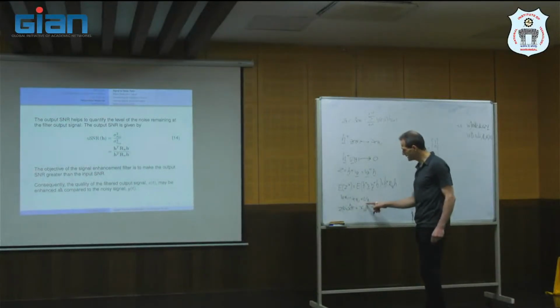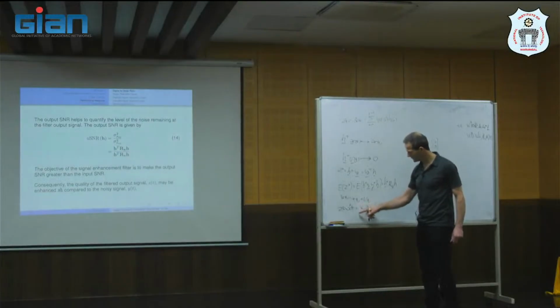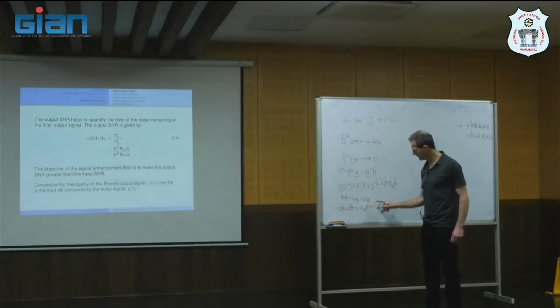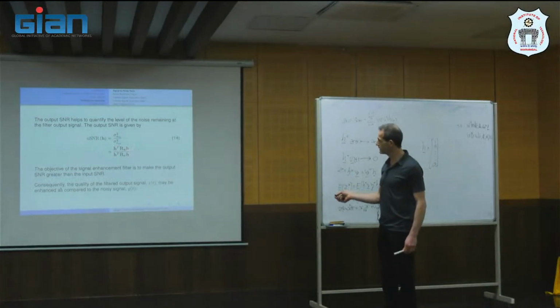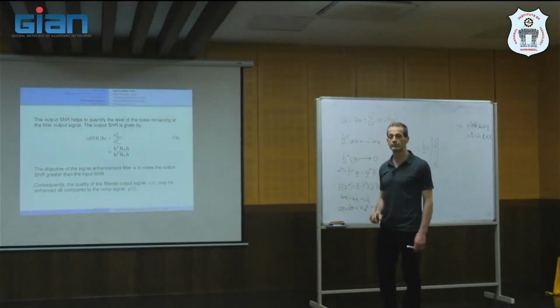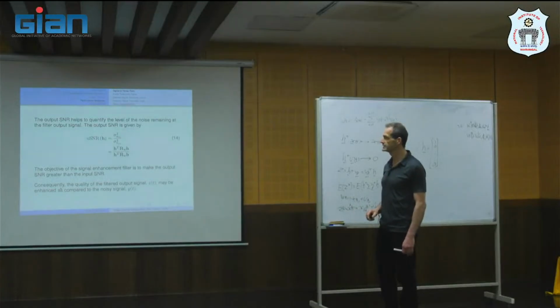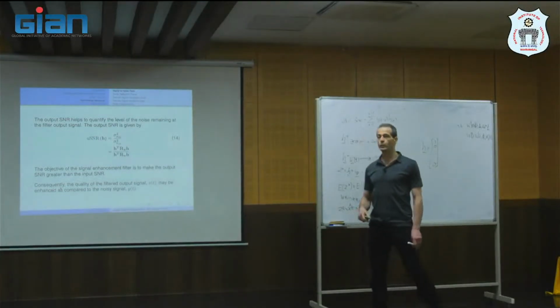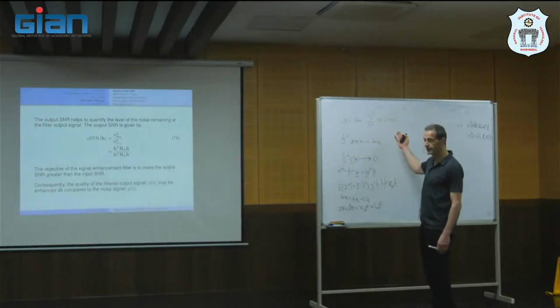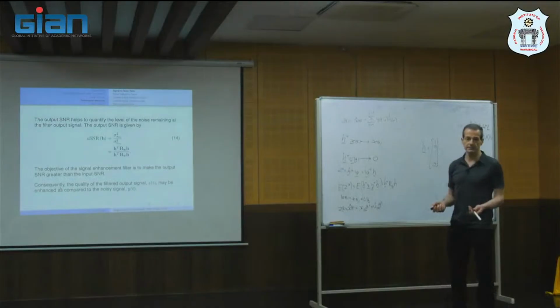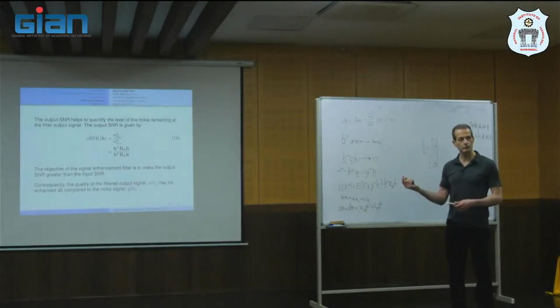So the output SNR is the ratio of the variance of X filter desired by the variance of the residual noise. So it's H transpose RXH divided by H transpose RVH. This is the output SNR. And what is the gain in signal to noise ratio after filtering? The gain in SNR is the output SNR divided by the input SNR.